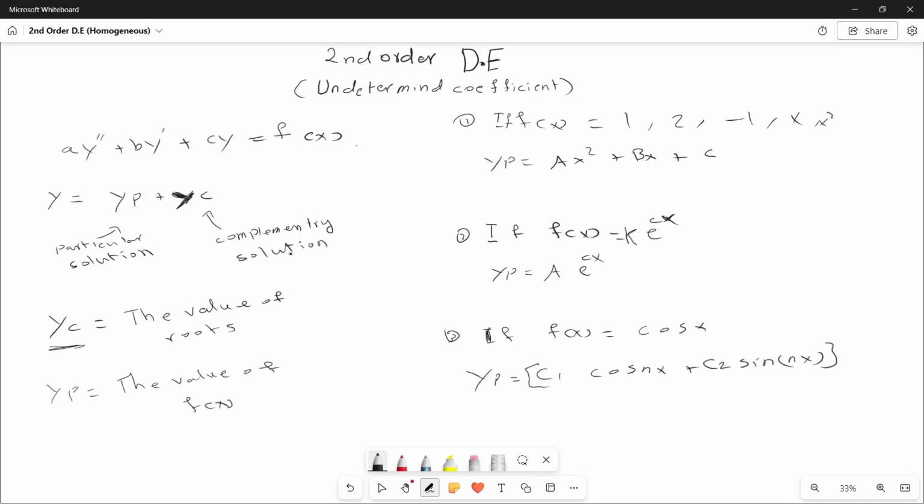The complementary solution depends on the value of the roots. By obtaining the second degree equation from the second order equation, we'll find the roots, and from the roots we can obtain the general solution for yc, and they are exactly the same as the homogeneous general solutions.